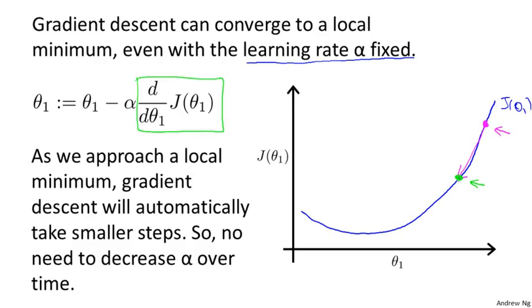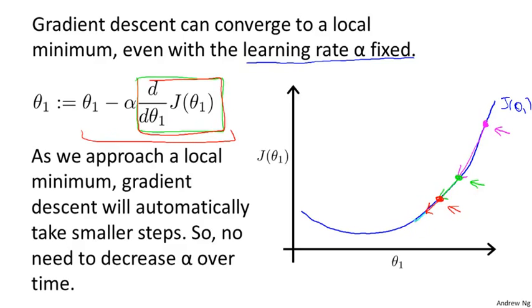So when I take another step of gradient descent, I will naturally take a somewhat smaller step from this green point than I did from the magenta point. Now I'm at a new point, the red point, and now even closer to the global minimum. So the derivative here will be even smaller than it was at the green point. So when I take another step of gradient descent, now my derivative term is even smaller, and so the magnitude of the update to theta 1 is even smaller. So take a small step like so.